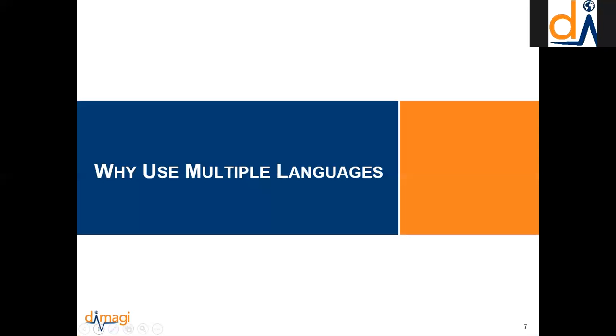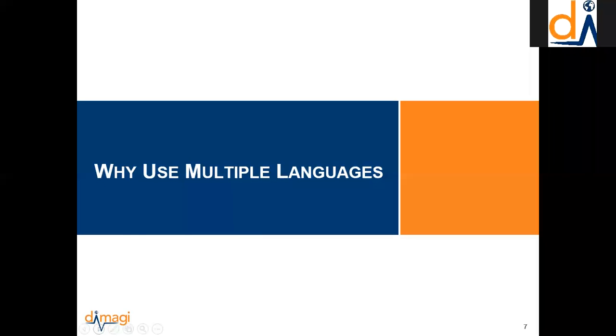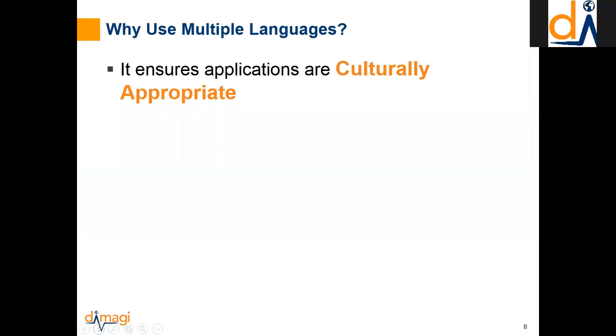So as I sat down and started thinking about this webinar today, I was wondering, why would someone want to use multiple languages? What is my argument for getting people to actually use multiple languages? And there are some really interesting benefits, right? So the first one is that it ensures that applications are culturally appropriate.